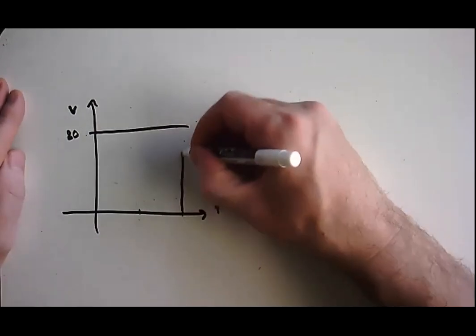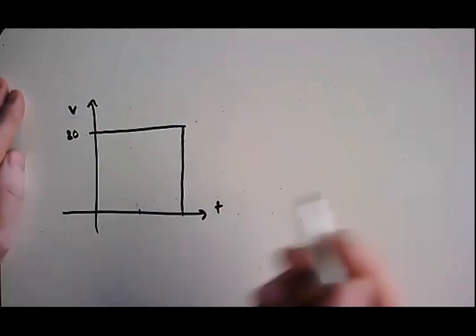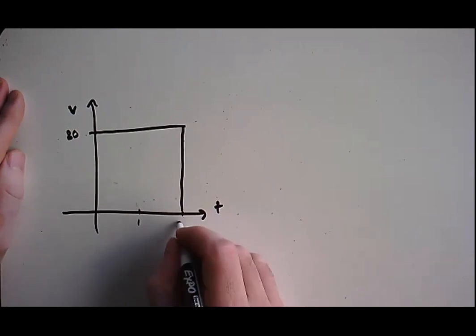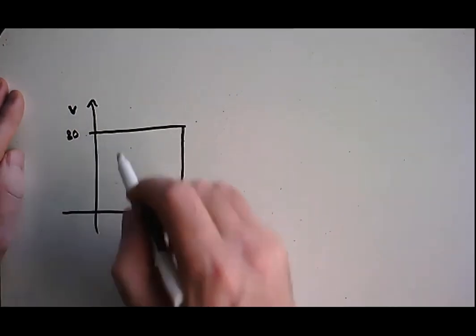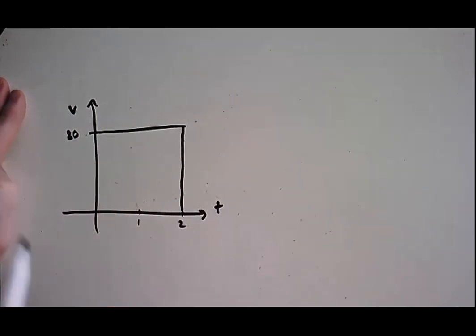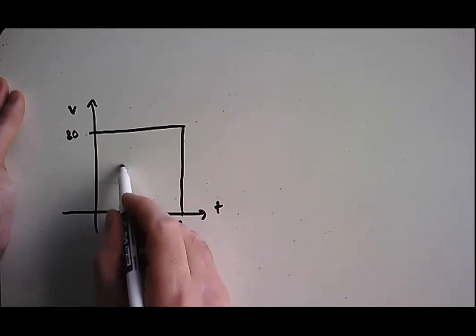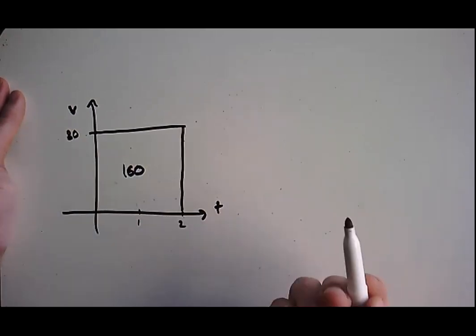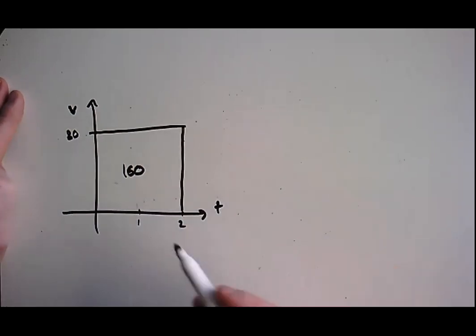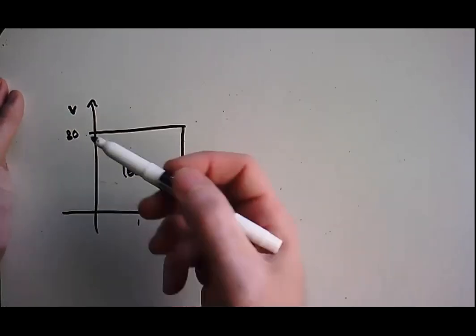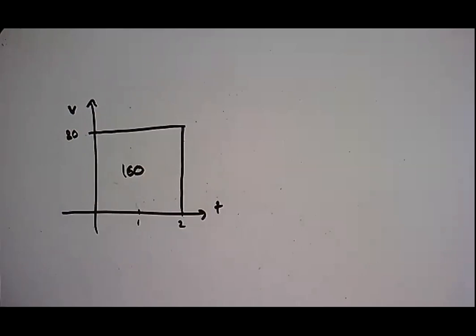And so this area here, we could calculate it. Here's 1 hour, here's 2 hours. The area here would be 2 hours times 80 miles per hour. So the area of this rectangle is 160. That's just geometry. And if you think about it, that area also represents the distance that I've driven.